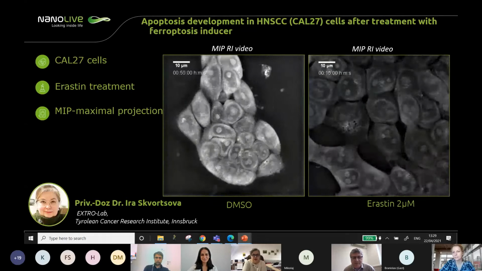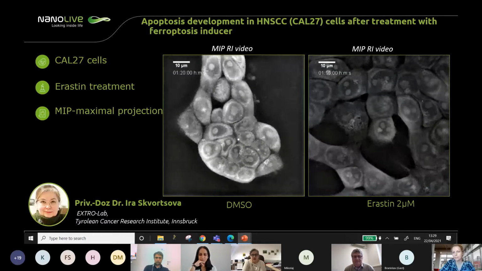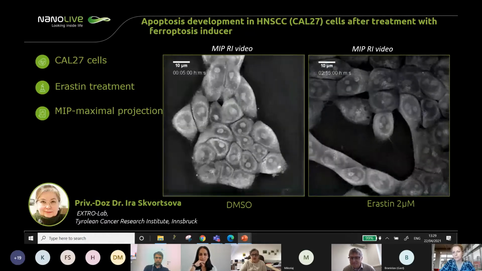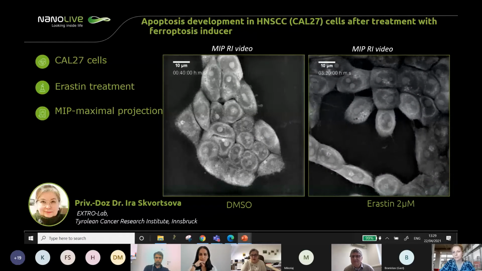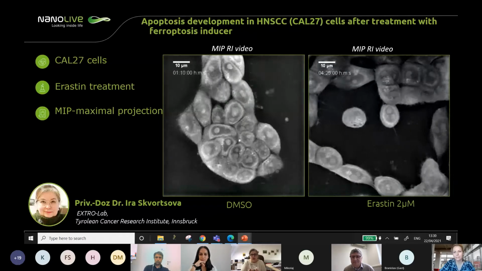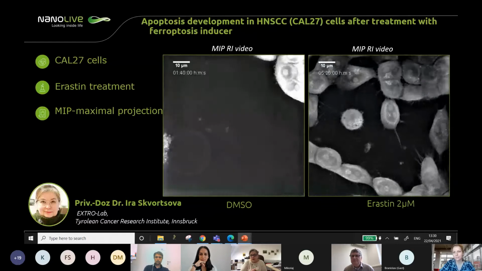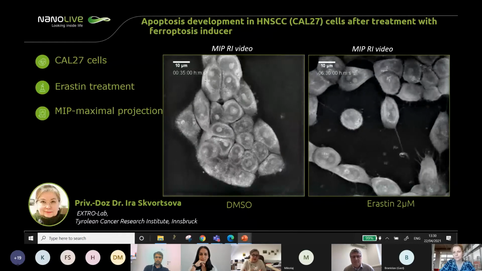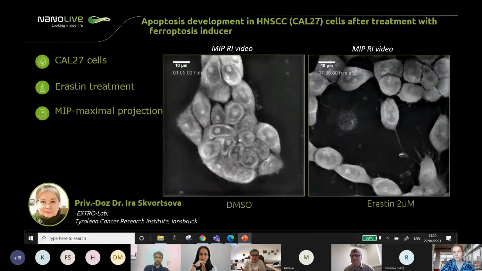In the literature, it is described that when a cell wants to die, it wants to be separated from other cells. Of course, we didn't expect to observe this apoptotic cell.